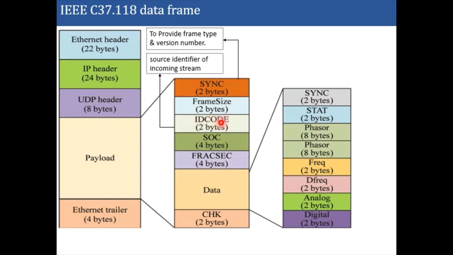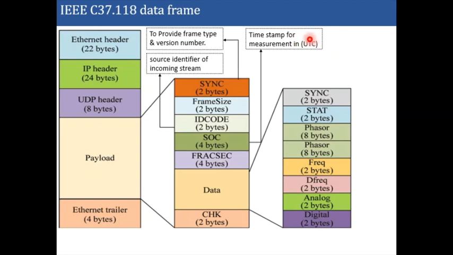Then ID code of 2 bytes, which defines the source identifier of the incoming stream. Then we have SOC, that is called second of century. This provides the information about the timestamp of the measurement, which is in UTC format, that is universal time coordinated.